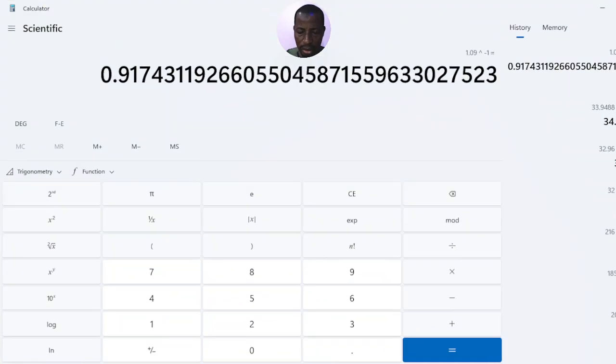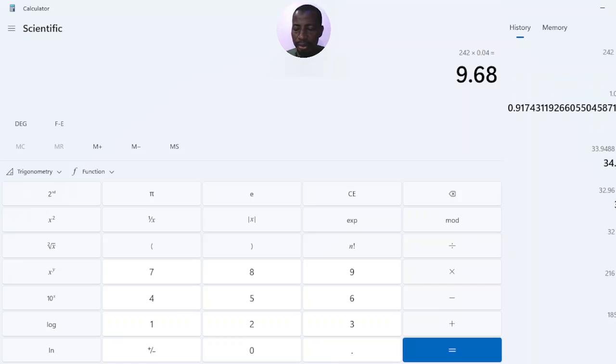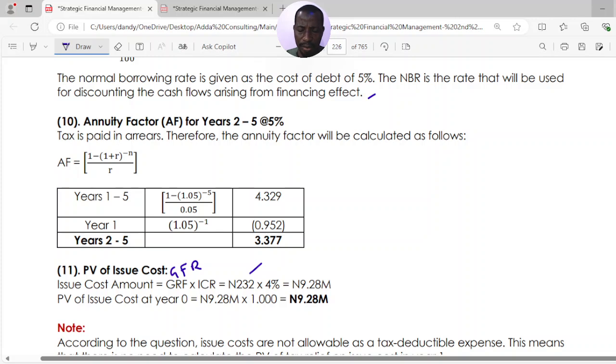Let's use our calculator. 242 multiplied by 4% will give us 9.68. Let me redo it. So this is supposed to be 242 multiplied by 4%, which is 9.68.